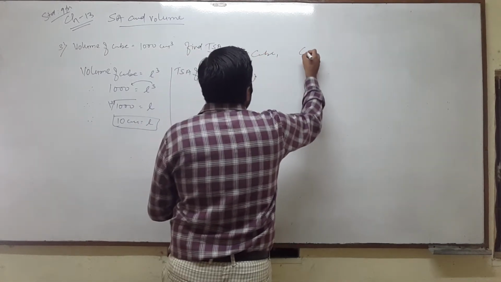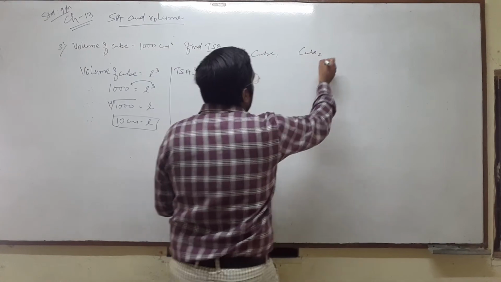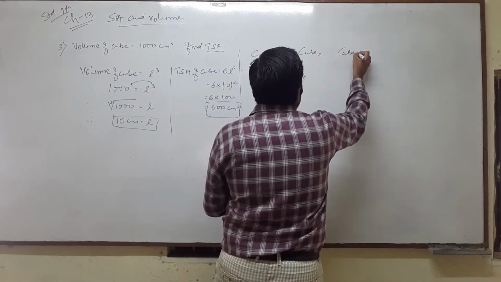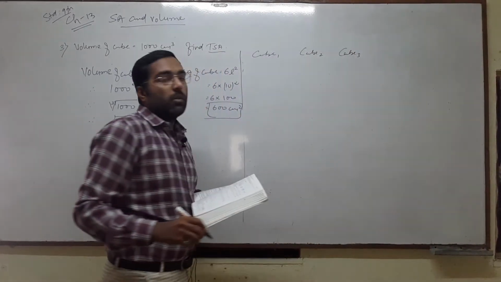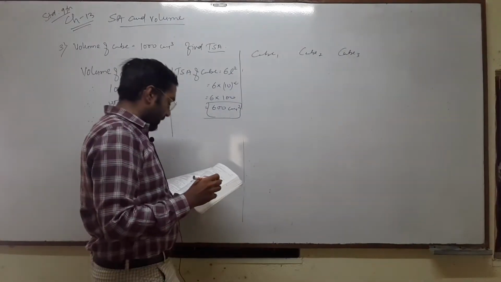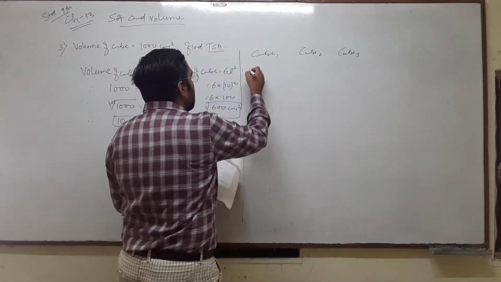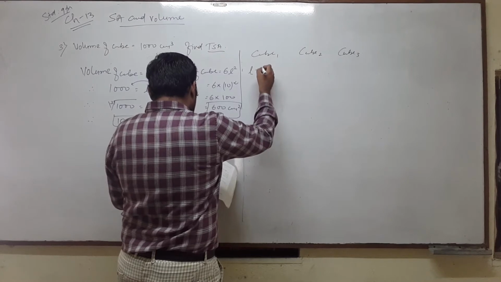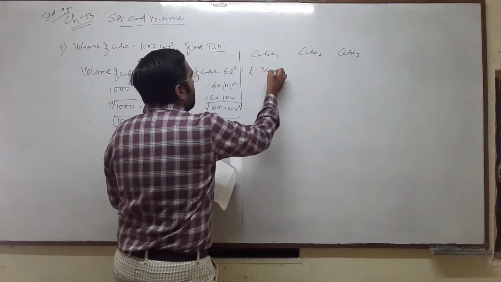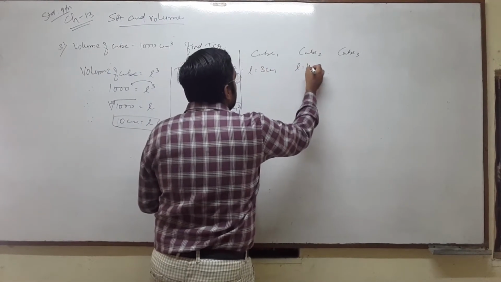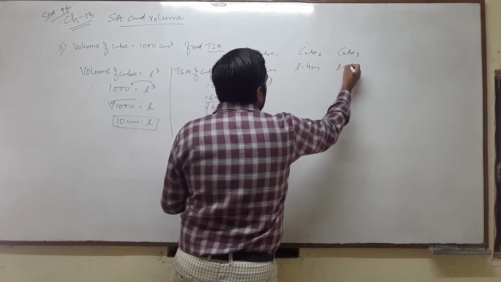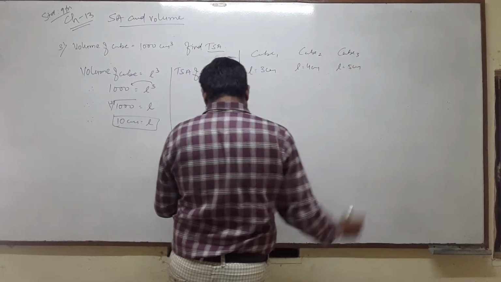First cube, second cube and third cube. The length of the first cube is 3 centimeter, length of the second cube is 4 centimeter and length of third cube is 5 centimeter.